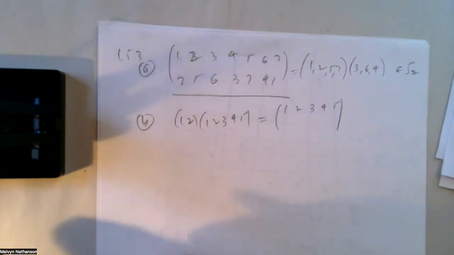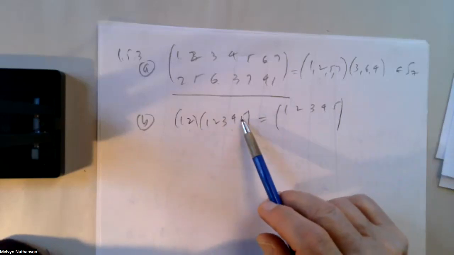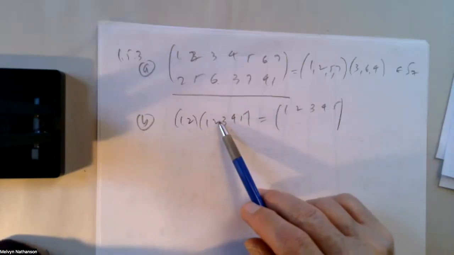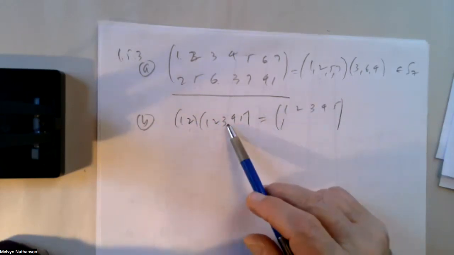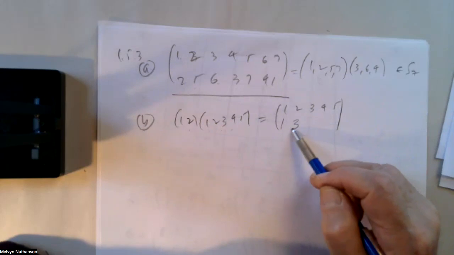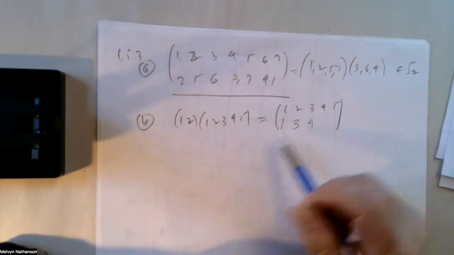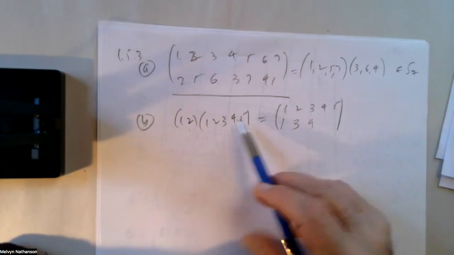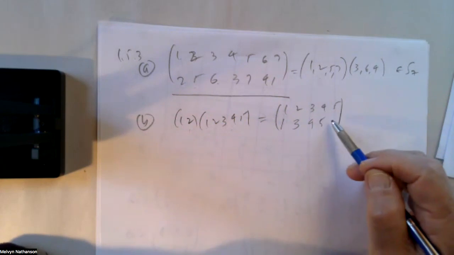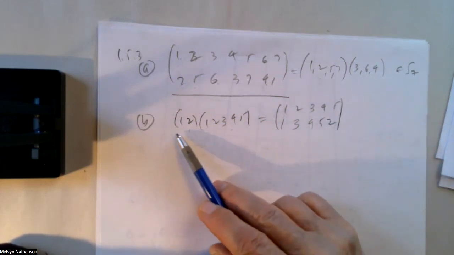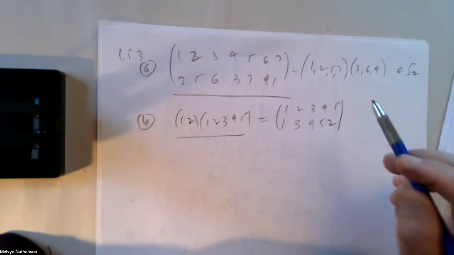So let's work out what that permutation is. We go from right to left. So this is 1 goes to 2 and 2 goes back to 1. 2 goes to 3 and 3 goes to 3. 3 goes to 4, 4 goes to 4. 4 goes to 5, 5 goes to 5. 5 goes to 1, 1 goes to 2. So the product of these 2 cycles is this.